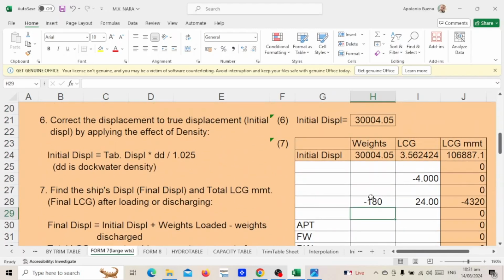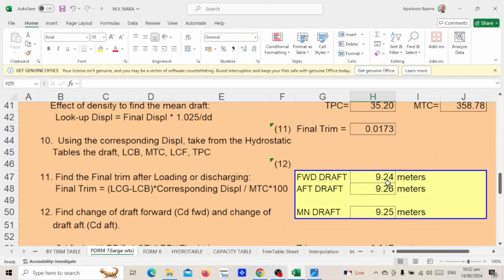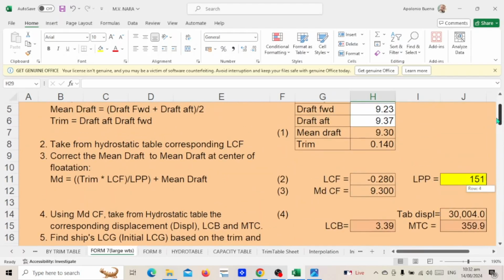So when you take out 180 metric tons from the initial position of 24 meters up, your new drop will be forward 9.24 and 9.26 up. So you put this new drop up on the program, 24, 26.